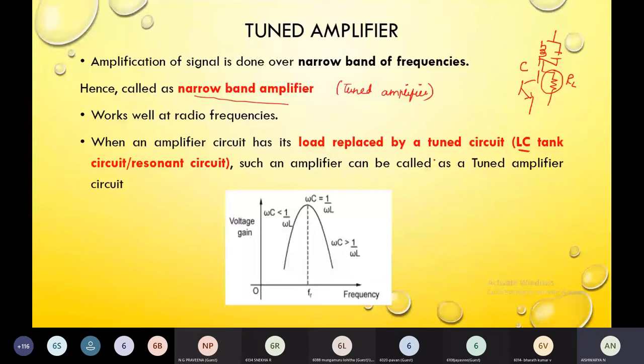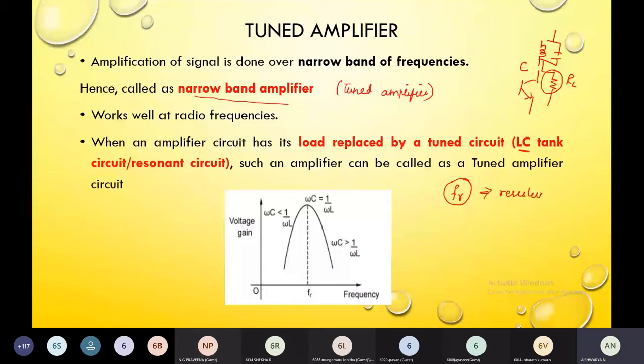Because your LC tuned circuit is going to work only for the resonant frequency, say for example FR. For other frequencies, your capacitive effect as well as your inductive effect will cancel out each other. It will work only for FR, so your circuit will be purely resistive in nature.